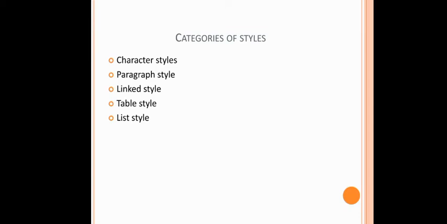And the third one is linked style, a different type of style which has the characteristics of character style and paragraph style, as well as table style, that is for the formatting of different tables, and list style, that is used for the formatting of lists.